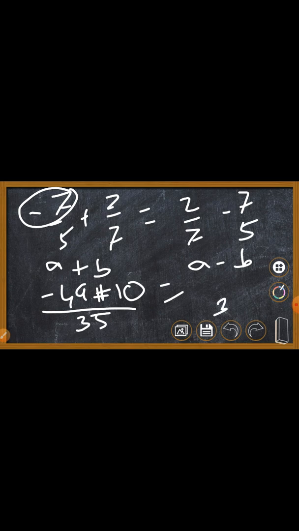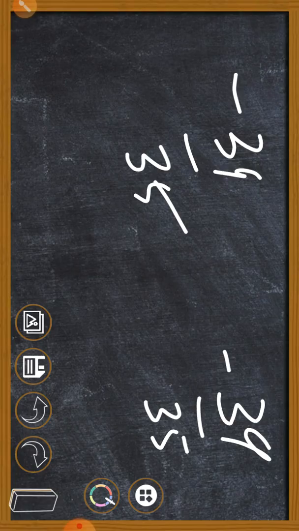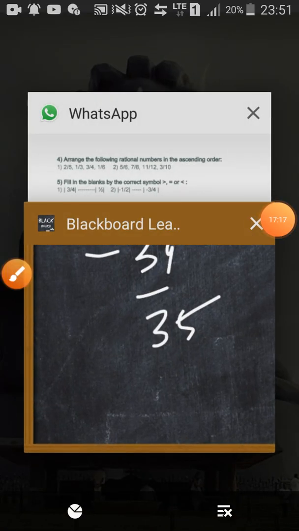And here, 35 again is the LCM, 7 5s are 35, 10 minus 49. Yes, so in both the cases the answer will be minus 39 by 35, and here also you will get minus 39 by 35. Okay, so your property is proved.